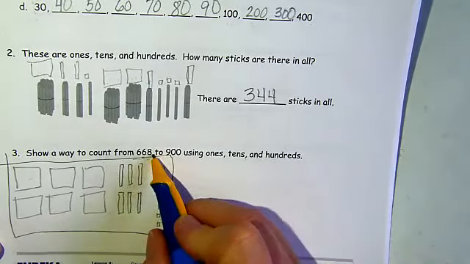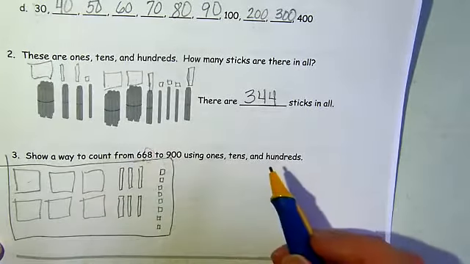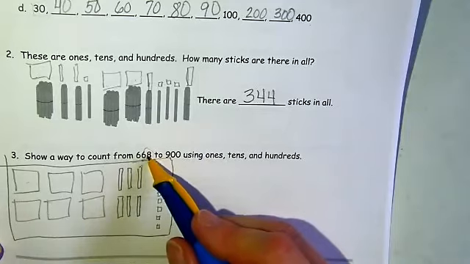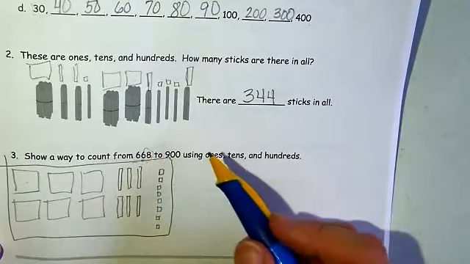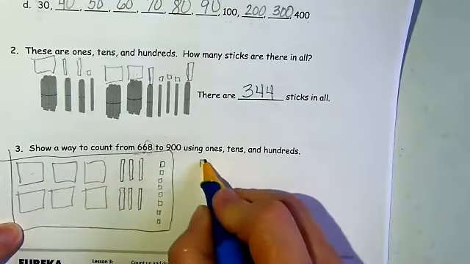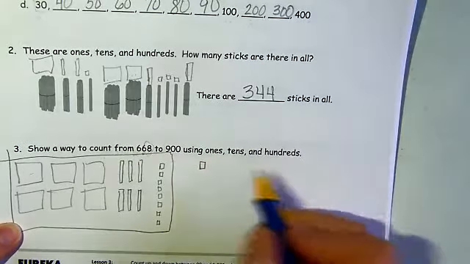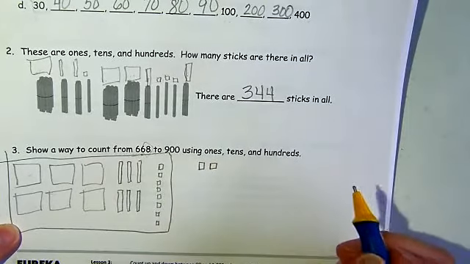So again, we're going to want to work toward a benchmark, right? So from 68, always remember those pairs are the same to get to the next 10. From 8, we need, here we go, 668, 669, 670.